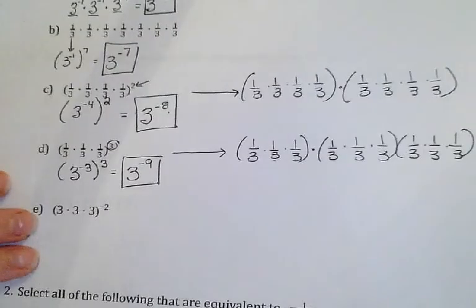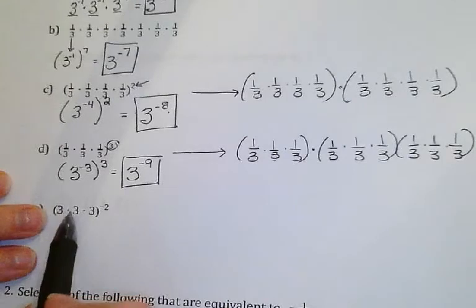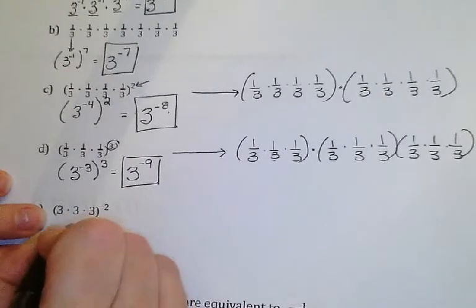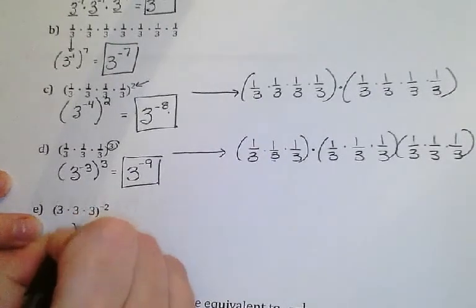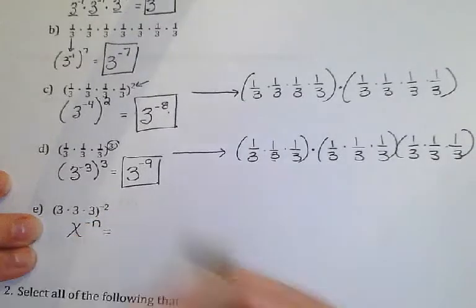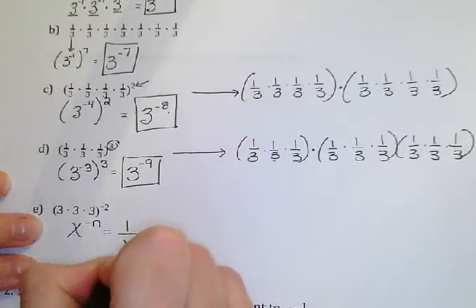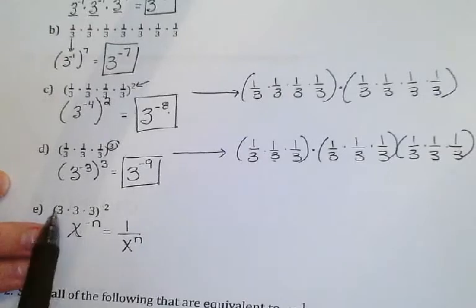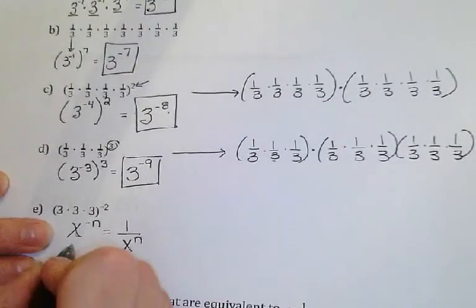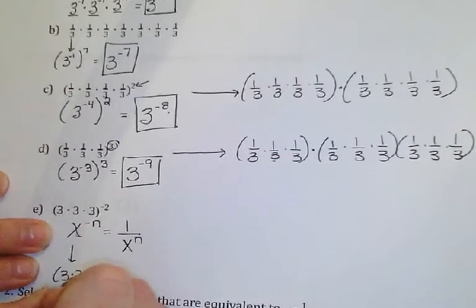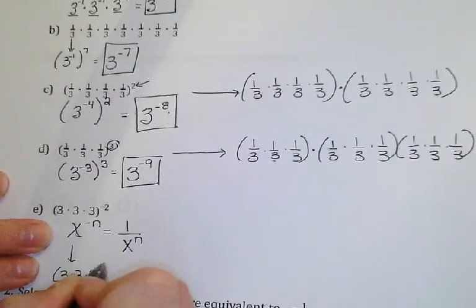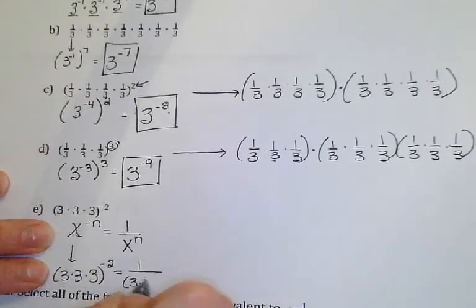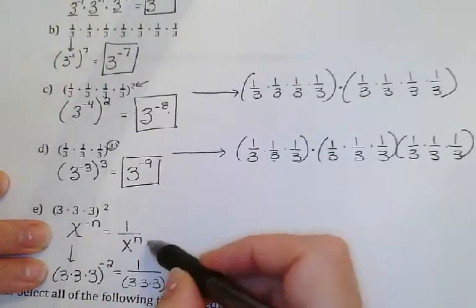Okay, now for the last one, they're giving it to us a little bit differently. So what you need to know is, by the definition of a negative exponent, let's say I have x to the negative n, and this was in your textbook if you took a look, this is the same thing as 1 over x to the n. So I'm going to substitute the x for this set of parentheses right here. So instead of putting x, I'll put 3, 3, 3 to the negative 2 is the same thing as 1 over, and my x here again was 3, 3, 3, but this time I'm going to write positive 2.